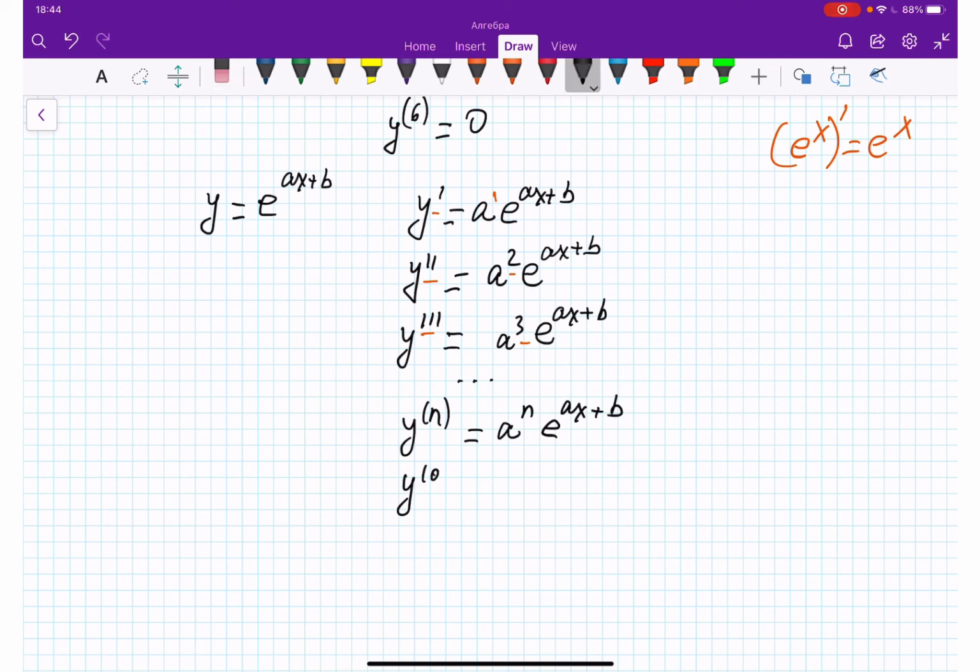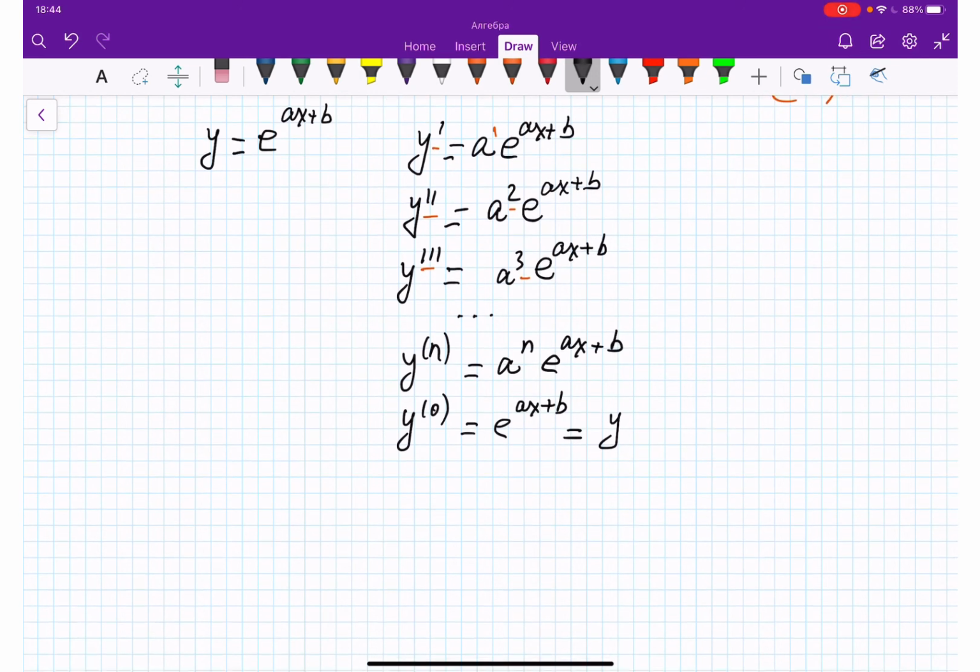Y to power 0 is equal to e to power ax plus b, and this is equal to our y, right? The original, the given y originally.